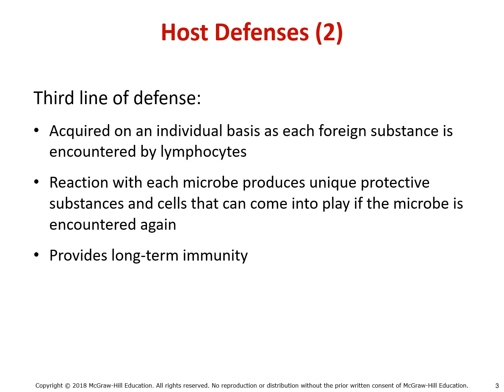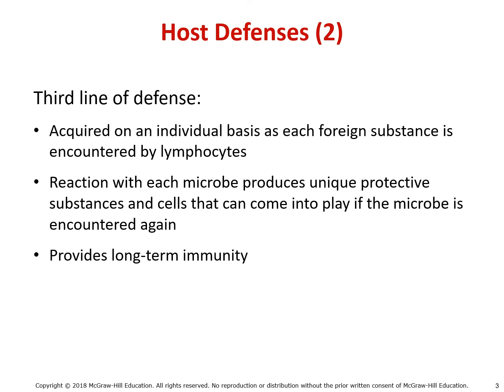The third line, on the other hand, is what we would call specific or adaptive immunity. And whenever I say specific, it's illustrating that we're going to be targeting a very specific pathogen. So we're not trying to kill everything, we're just trying to kill one specific thing, like maybe E. coli, or staph, or strep.